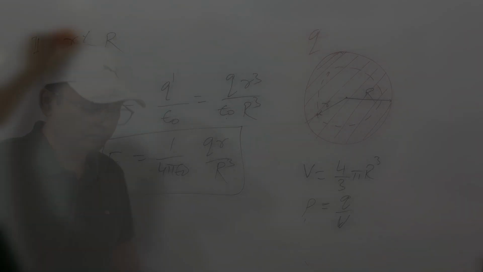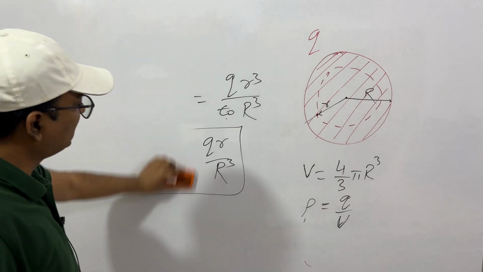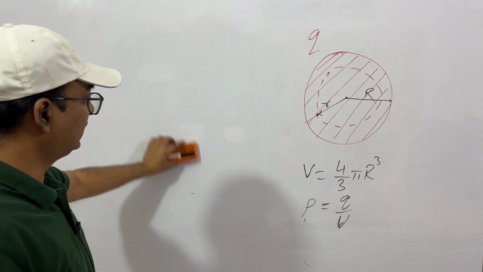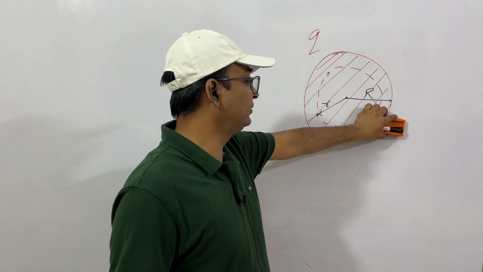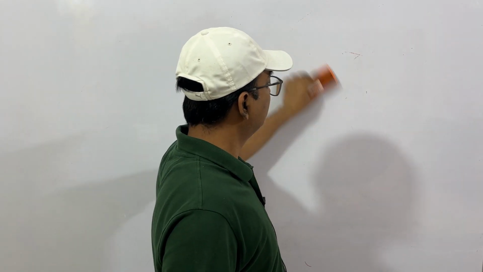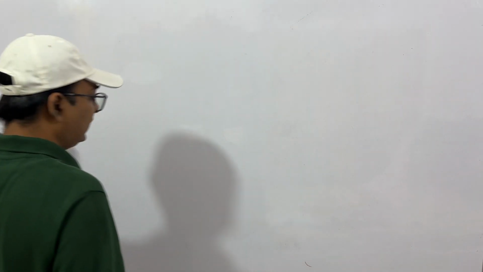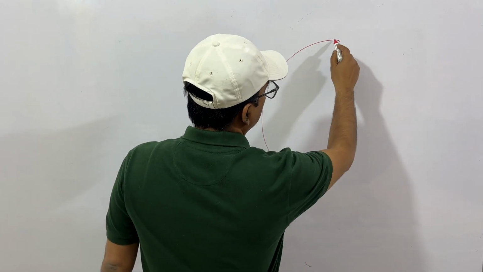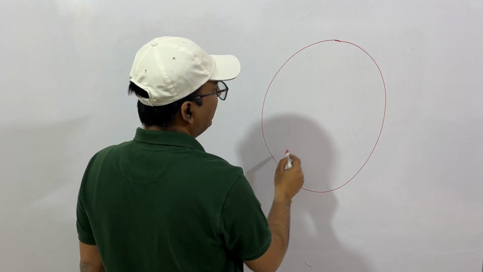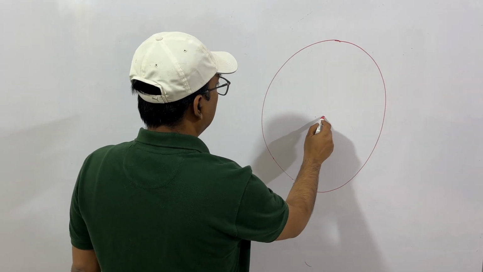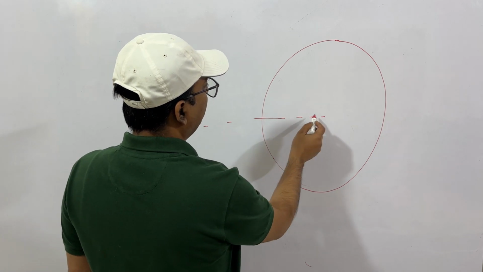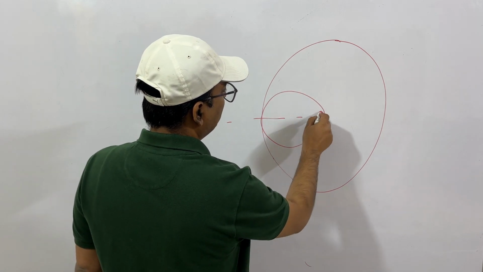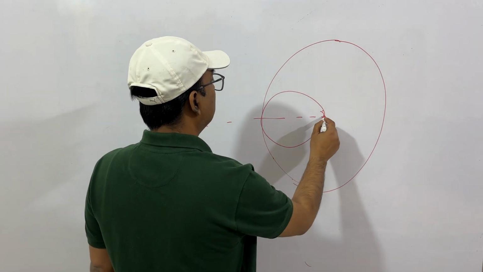Okay, so you know outside the sphere the electric field intensity is as if we had a point charge at the center. So let's find out if we have this sphere, and we have a small sphere cut out of it.